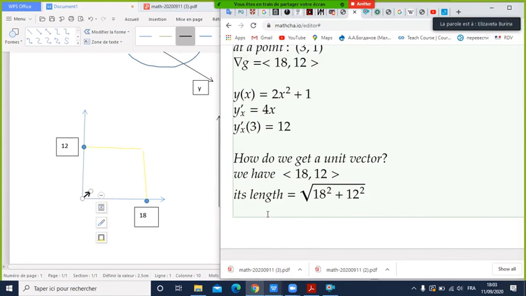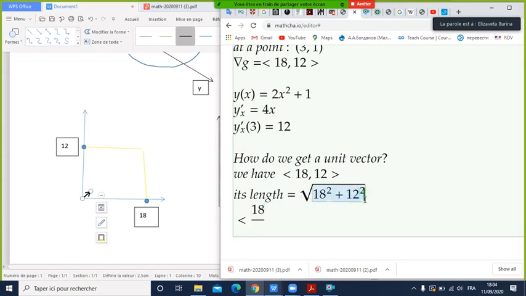I have to divide the existing coordinates by the length. So that's quite intuitive. What I'm doing here, because I had a vector of this length, right? So if I now divide this by this length, I'm getting 1. And that's what I want. I want a vector of the length 1.